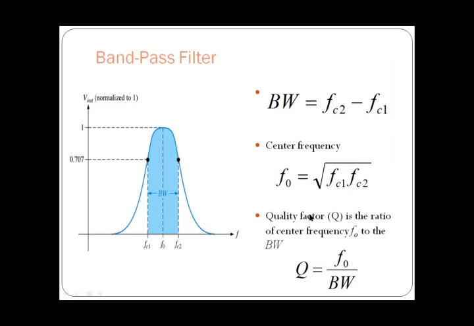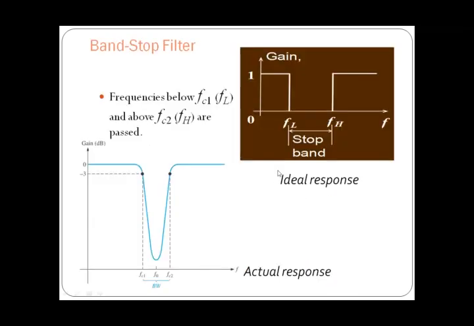The quality factor is nothing but the ratio of center frequency to the bandwidth of the signal. That is about the band pass filter.